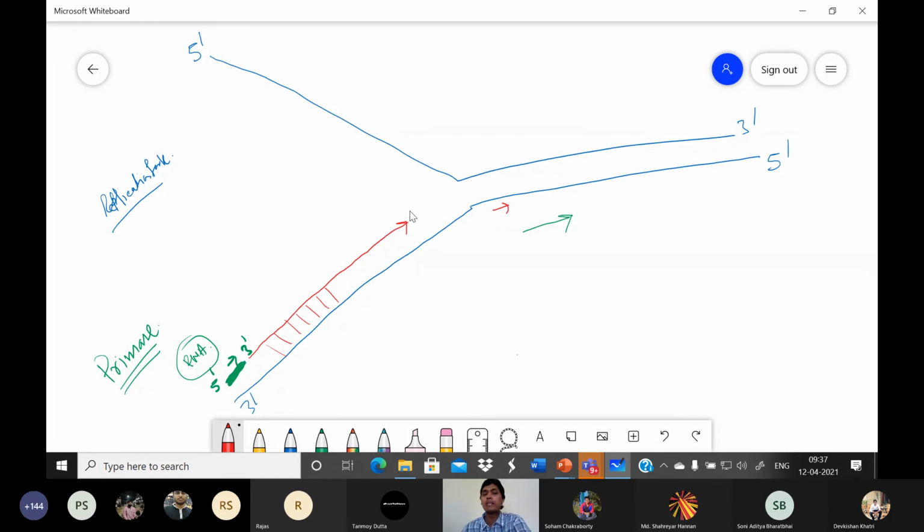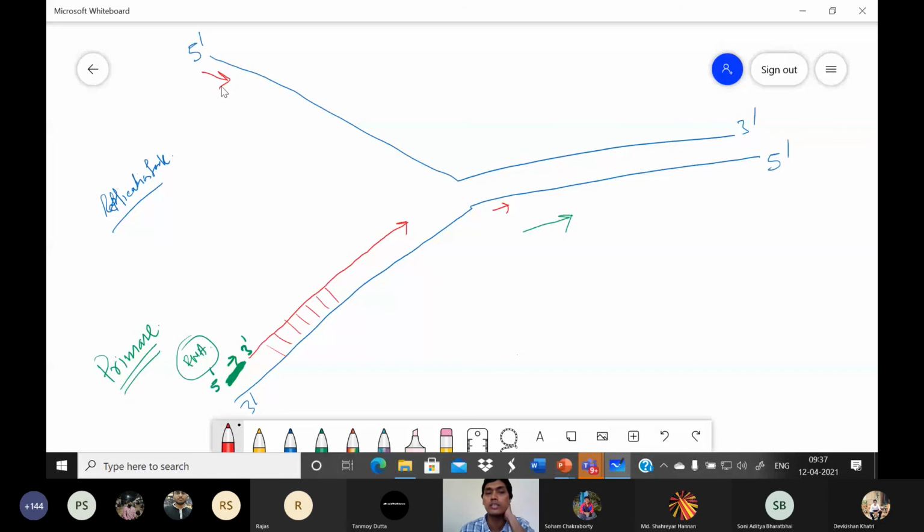But remember that DNA and RNA everything grow in the 5' to 3' direction. So it cannot grow like this, because this is 5' and DNA is anti-parallel. So how will it grow? It cannot grow in this direction.